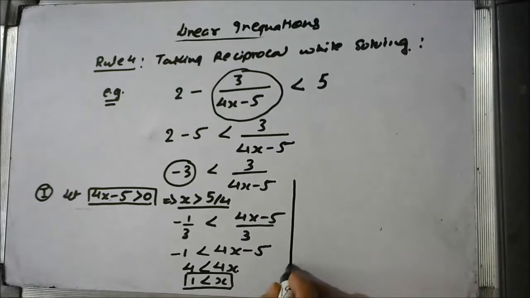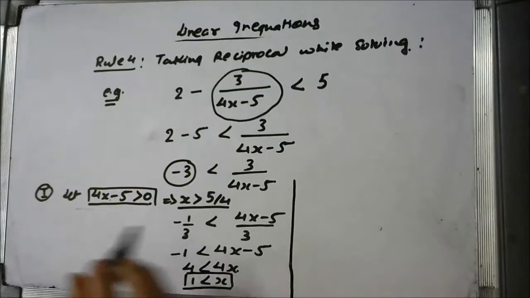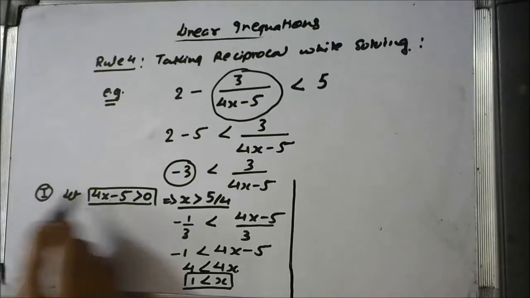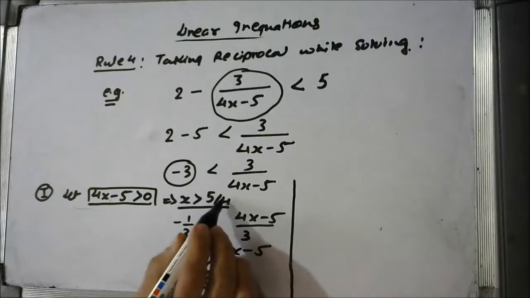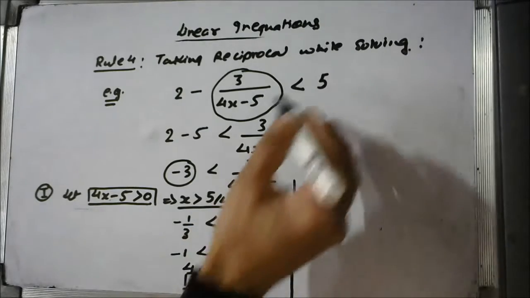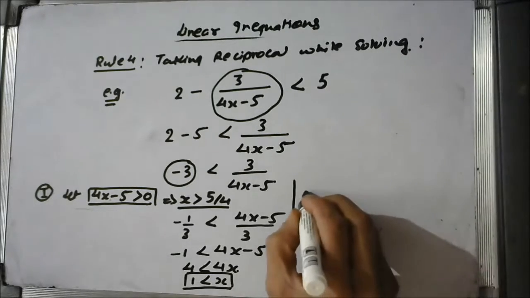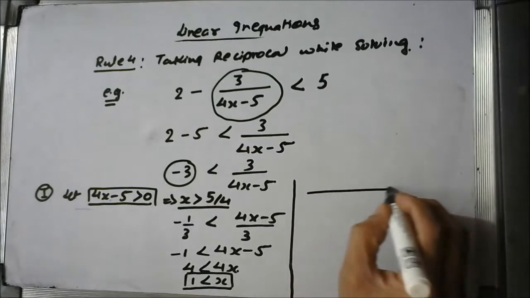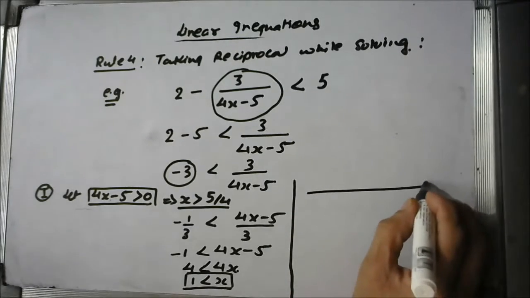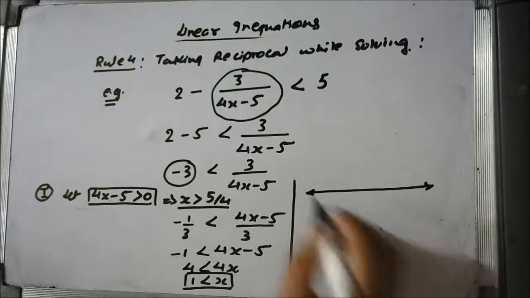So to represent the solution on the number line, with the assumption that x is greater than 5 by 4, inequality gives me additional result, that is x must be greater than 1. So I will represent both the results on the number line.